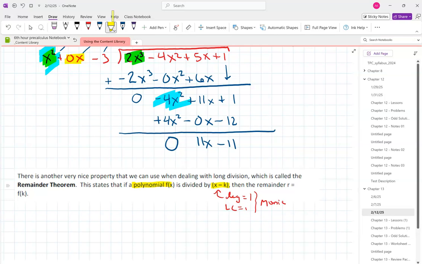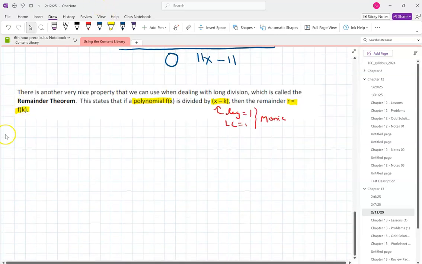Then the remainder of that division problem is going to be the same thing as f of k. So if I just plug k into my function, I'll get the same thing as the remainder as if I did long division. So let's illustrate that for you.